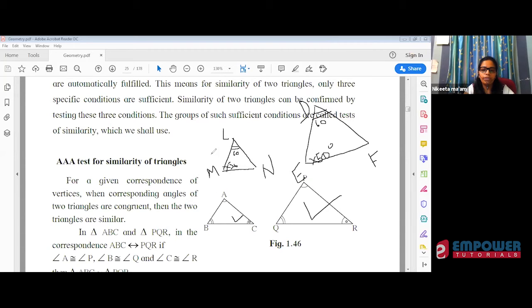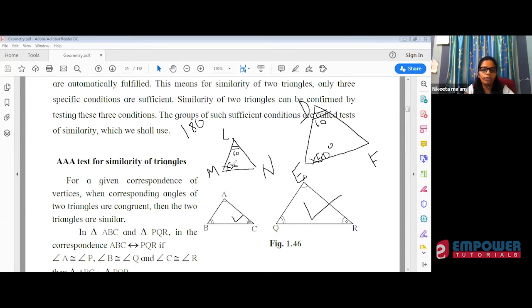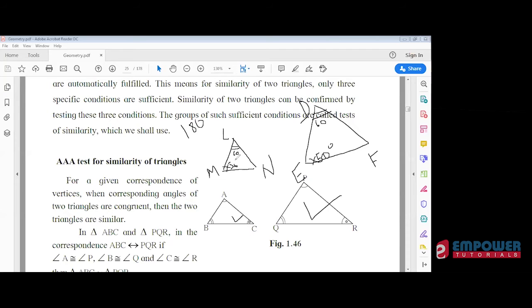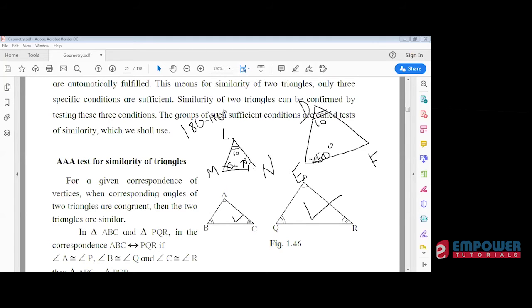Now, what we know, the sum of angles of a triangle is 180, right? To find out the third angle, we already have two angles over here, right? So the sum of these two is how much? 110. So this angle will be how much? 70, right? Same is the case of this.